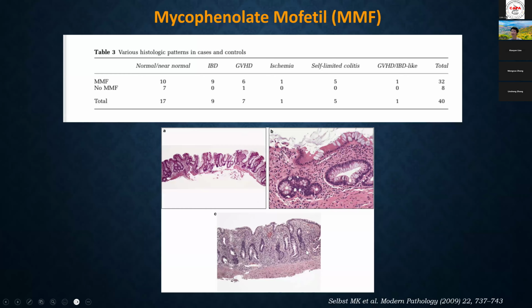Here you can see this one is almost indistinguishable from IBD, with full thickness and basal lymphoplasmacytosis and architectural changes. This picture is almost identical to chronic inactive colitis, with architectural changes without much inflammation. So the key is whether the patient is using the drug or not, right?